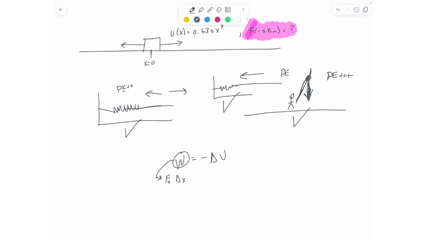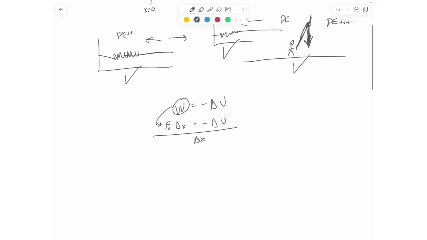So W equals F delta x, which is equal to negative change in potential energy. Now I can divide by change in x, and so now I have the force in x is equal to negative delta U over delta x.